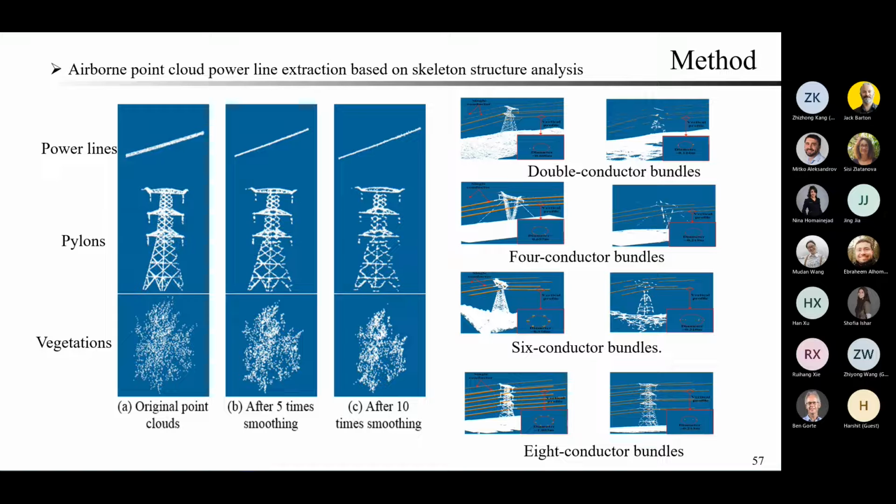As we know, if the radius becomes smaller, the power lines can be described as a linear feature. So in this way, we can use the skeleton structure analysis to extract the transmission lines.